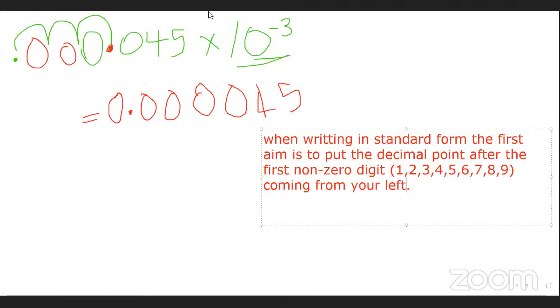So we're going to move it to behind the first non-zero digit. So 1, 2, 3, 4, 5, move. As long as we reach behind the first non-zero digit coming from our left, we have arrived. It's like you going to high school, most persons lately too.